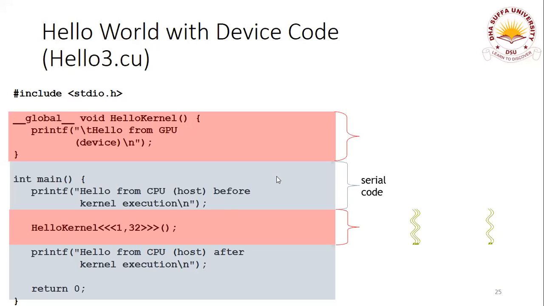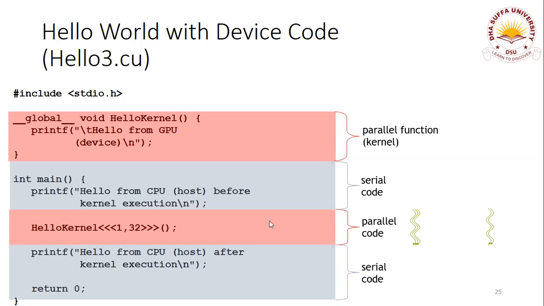This is a serial code, and this is a parallel kernel function, and then this is again serial code. The control will start from main. A printf statement will be executed. On screen you are going to see hello from CPU, and then you have the hello kernel call.